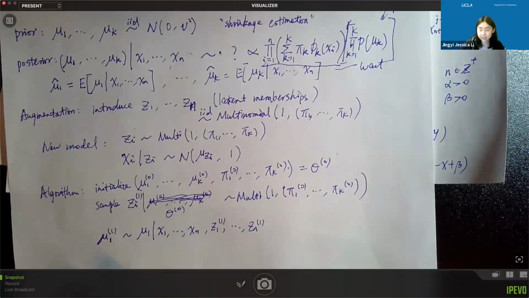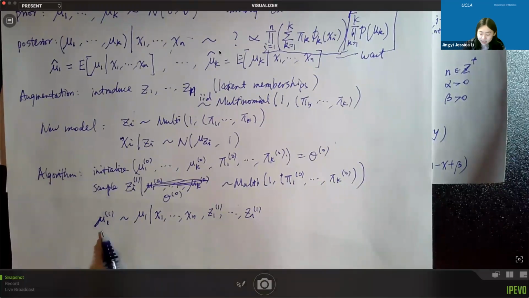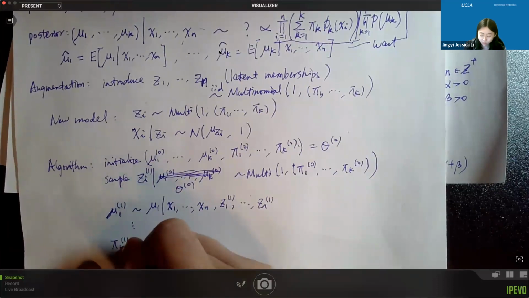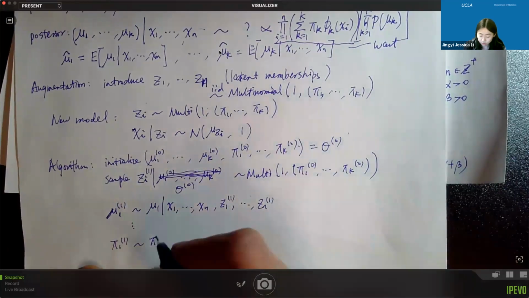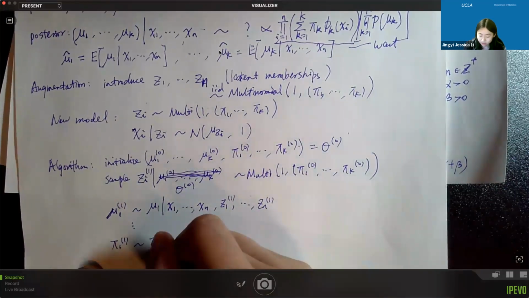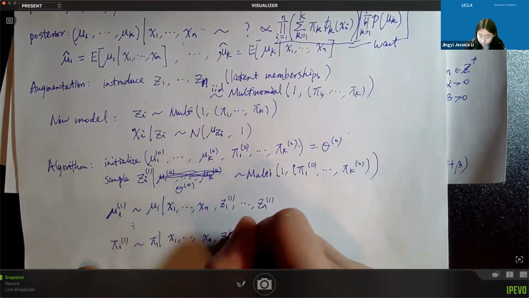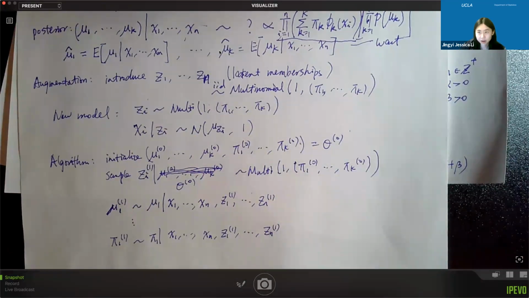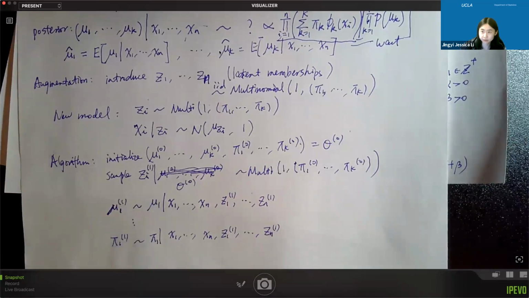Given that, it's easier for me to compute this posterior given the latent variables. That's the key. I can also do that sampling for pi 1, from the distribution of pi 1 given the data as well. So this allows me to update all my parameters, and then given the updated parameters, I'm going to sample my latent variables again.